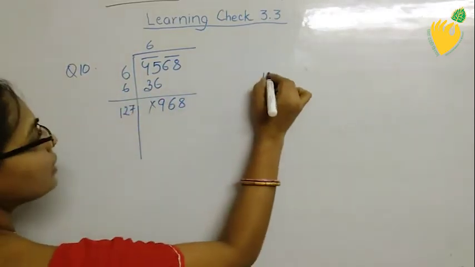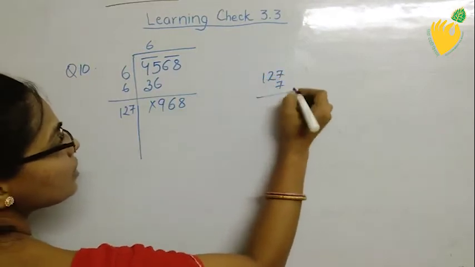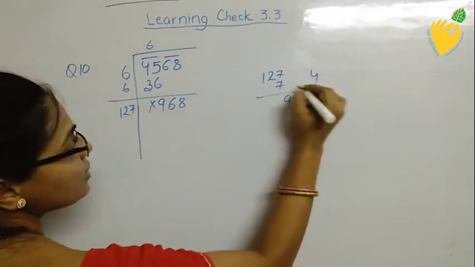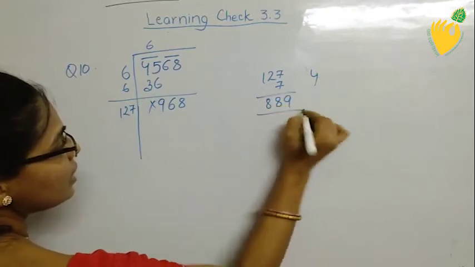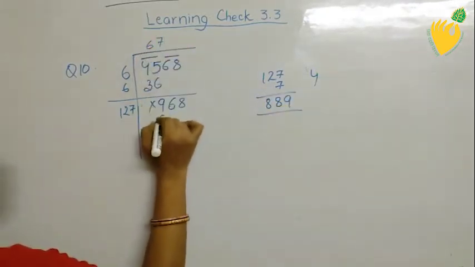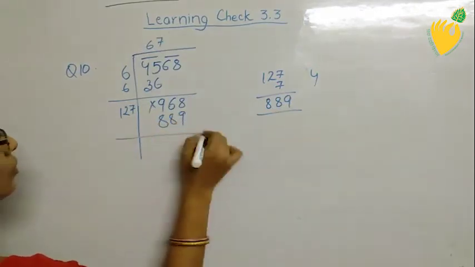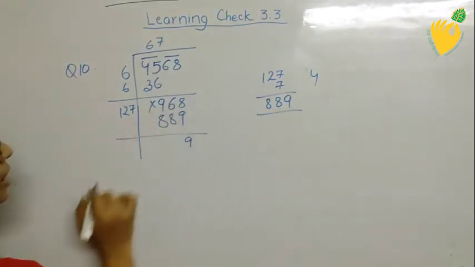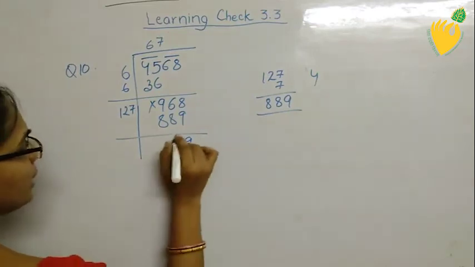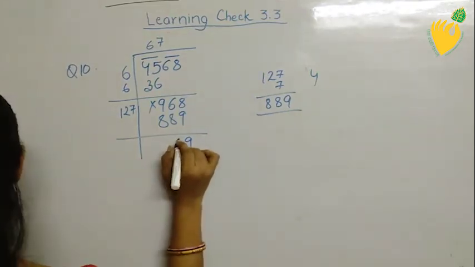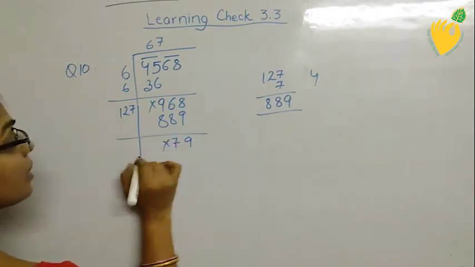You can multiply it by 7. 7 7 is 49, 7 2s are 14, 15, 16, 17, 18, and 7 into 7 is 889. So what is left here? 18 minus 9 is 9, and 15 minus 8 is 7.